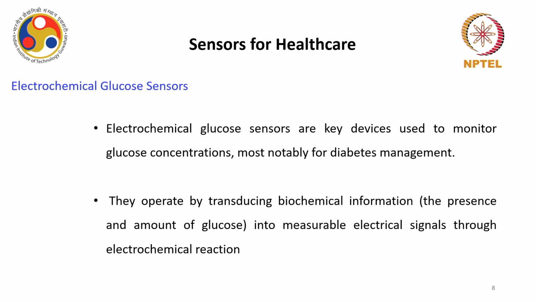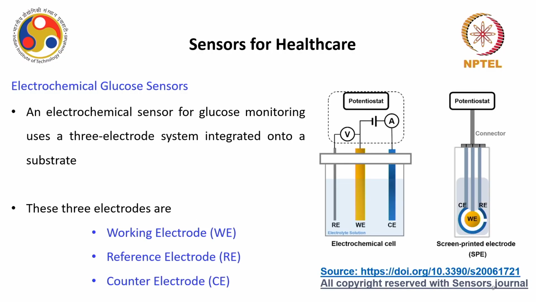These electrochemical sensors operate by transducing the biochemical information present in the glucose, or the presence of glucose, into measurable electrical signals, mostly in the form of current or voltage, through an electrochemical reaction. We will see different architectures of electrochemical sensors, and then we will understand whether the output is in the form of current or voltage. An electrochemical sensor for glucose monitoring basically uses a 3-electrode system integrated onto a substrate.